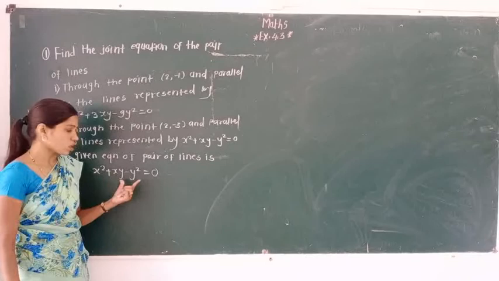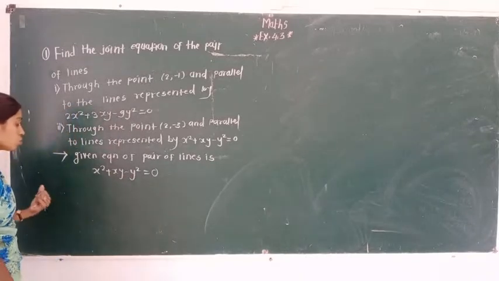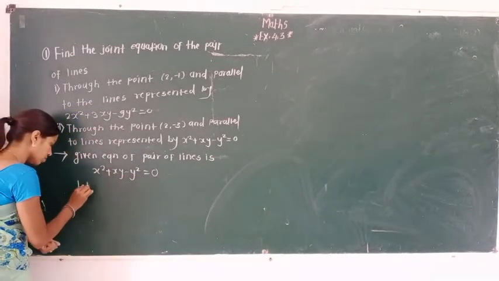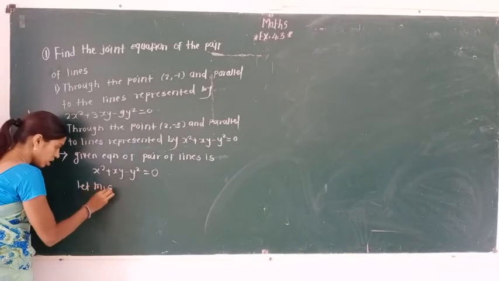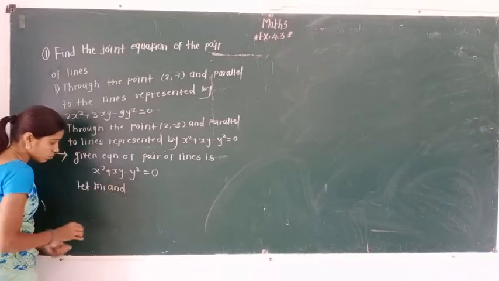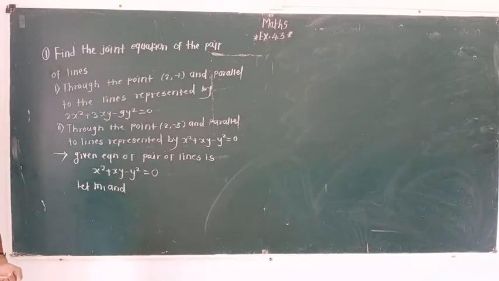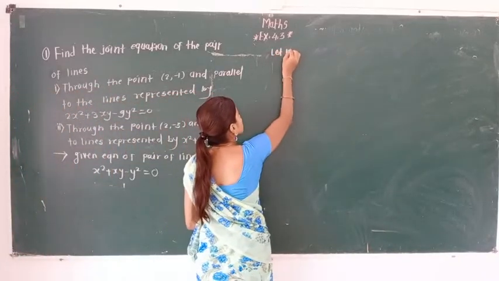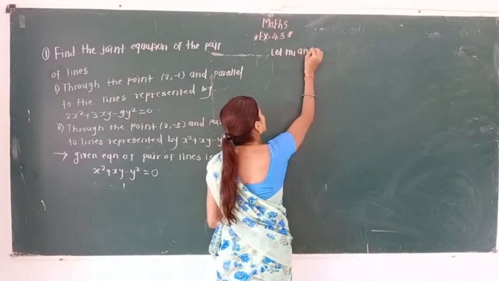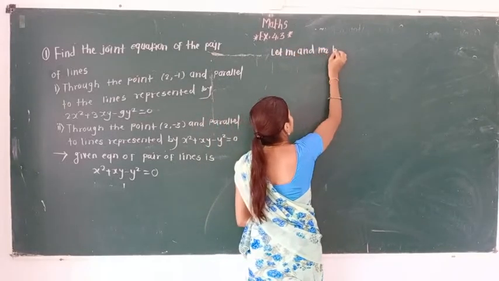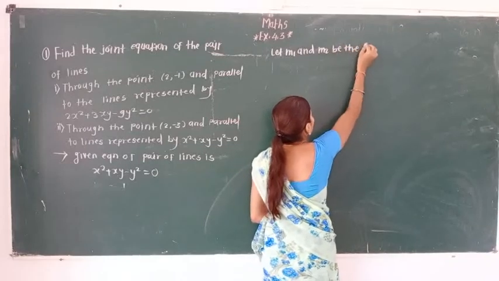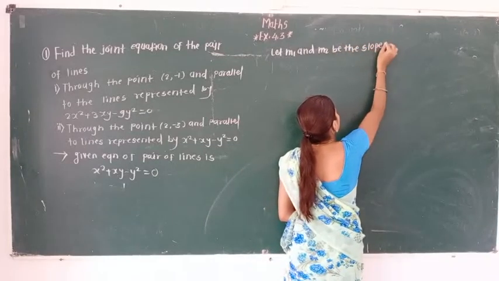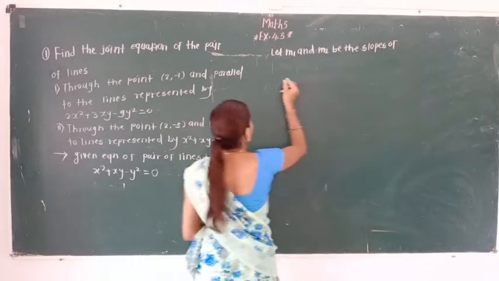So first we take the slopes of the two lines. Let m1 and m2 be the slopes of the pair of lines.